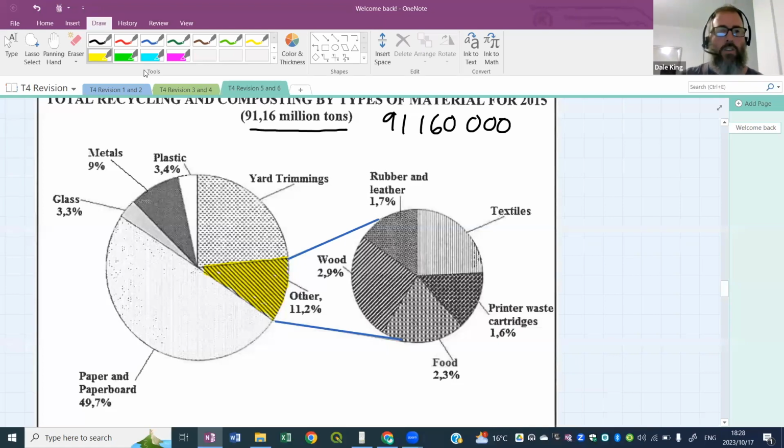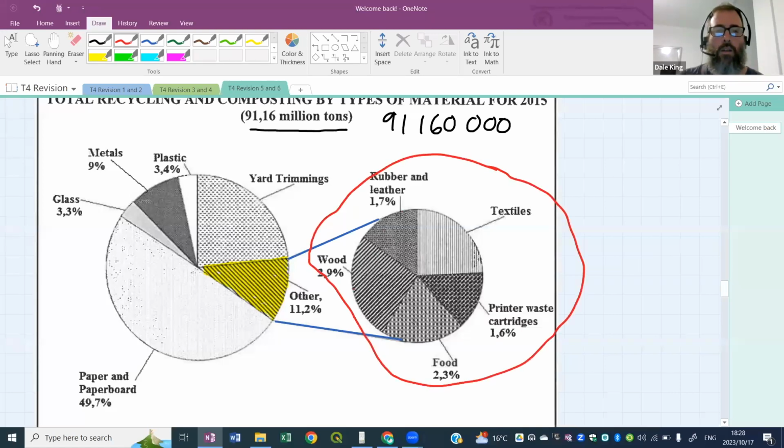All right, so all of these here, please understand that all of these here contribute to this 11.2% called other. All those little pieces of the pie on the right belong to other in the main pie.